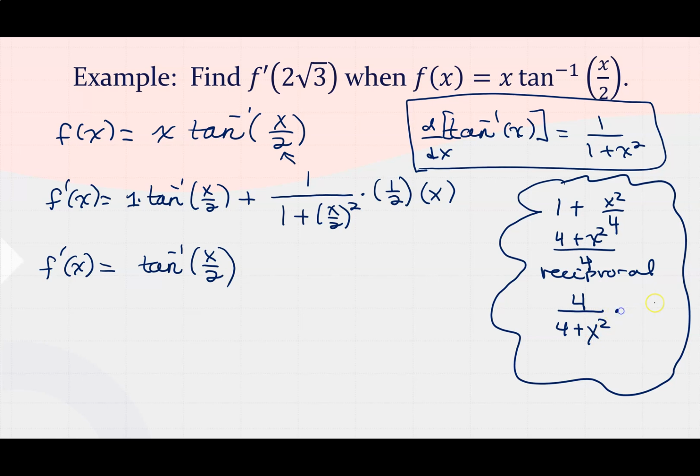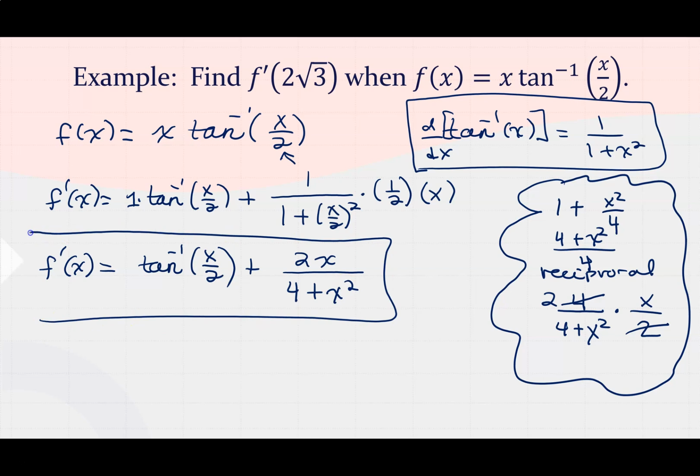Then you multiply that by 1 over 2 and then by x. So you have an x over 2 right here. The 2 cancels with 2 and then there's 2 there. So this part is cleaned up to be 2x over 4 plus x squared.